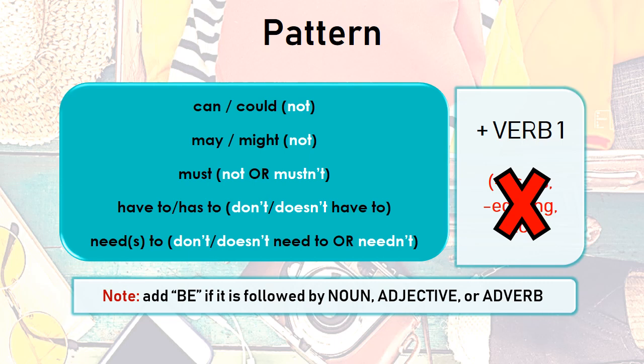Perhatikan polanya. Modal verbs, baik dalam bentuk kalimat positif atau negatif, selalu diikuti dengan kata kerja bentuk pertama. Jadi tidak ada tambahan es, ed, ing, dan lain-lain. Hanya kata kerja bentuk pertama.